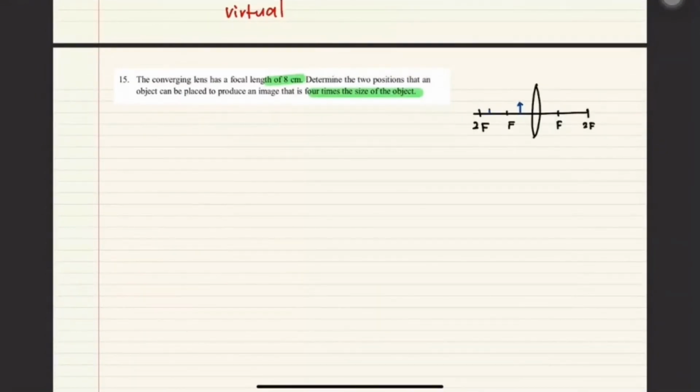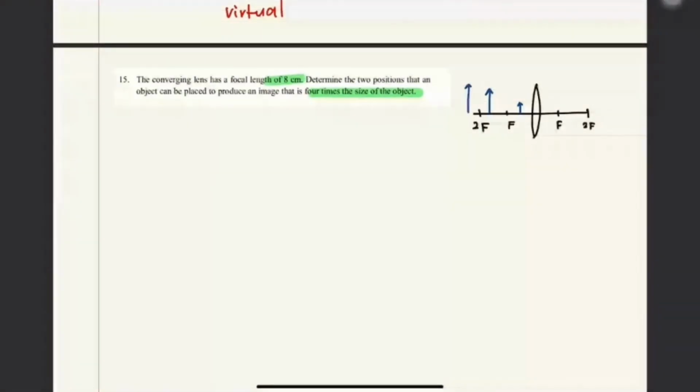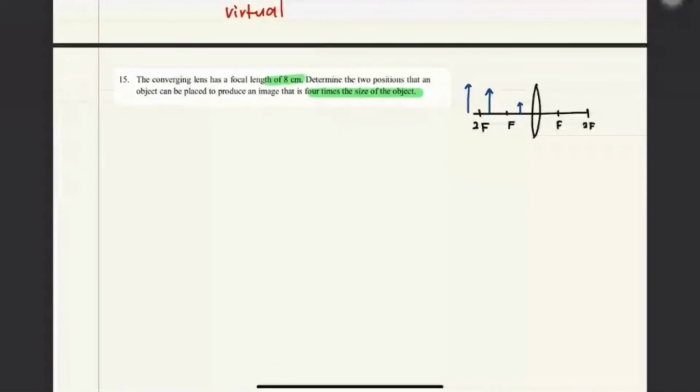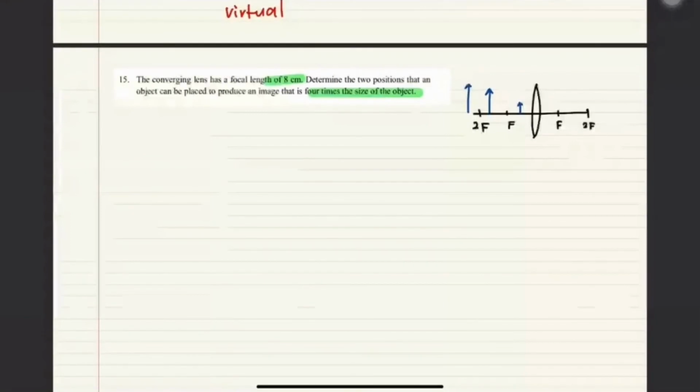Kau rasa dia terbentuk kat sini ke dekat belakang? Confused pula. Can somebody check it for me? Belakang, sir. Belakang. Okay. So, pada ini.